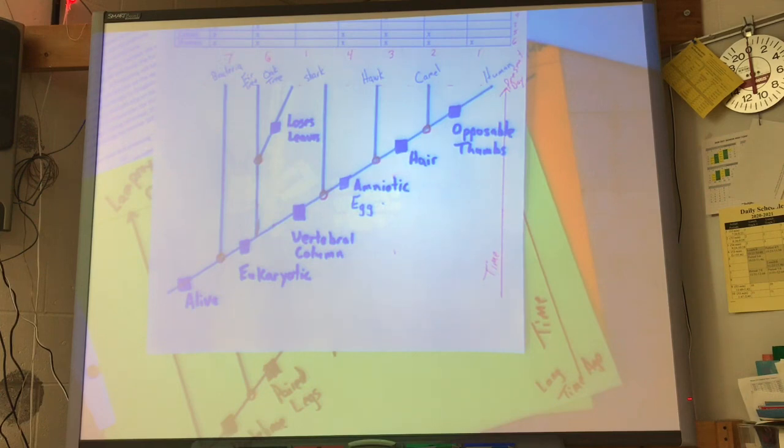Don't say parents, grandparents, or great-grandparents. Who's your second cousin's closest relative here? We talked about this one. They're all the same, right? Because you shared great-grandparents. What's the closest relative of the hawk?